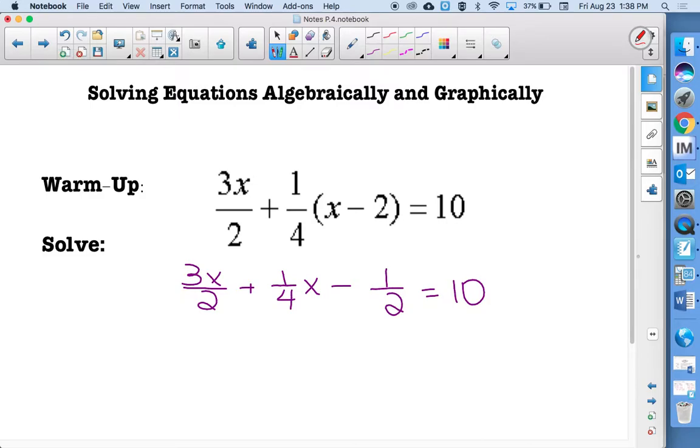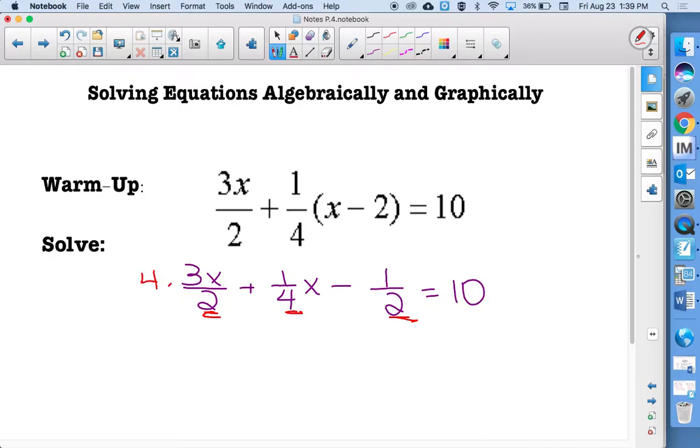What could be a bigger number that you could multiply by so that you get rid of all of the fractions? If you look at the bottom, what would that least common denominator be? 4. So if we want to eliminate the fractions all in one step, we can multiply by the least common denominator. When you're using a least common denominator to eliminate fractions, you multiply each one by 4.